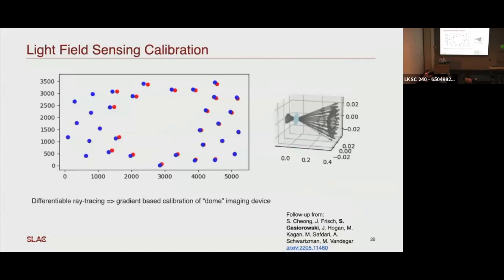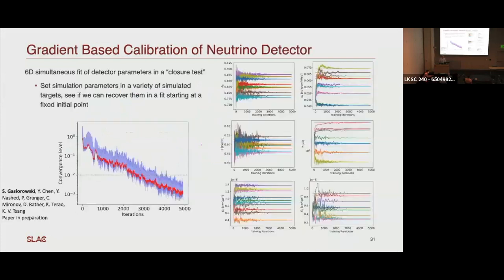And we did this in this rendering context, so just showing some positions on a sensor from each of the mirrors there, just showing that we can fit things around with this differentiable ray tracing. We also, not necessarily spatial signals, but just another example of this, did a gradient-based calibration of a neutrino detector. So just showing a variety of 6-dimensional fits in the physical model space.